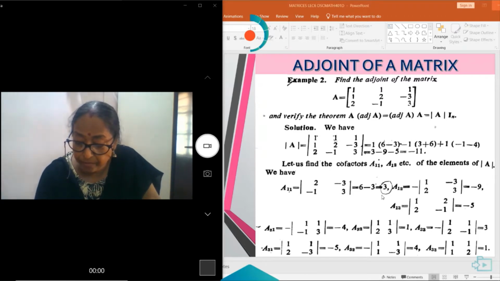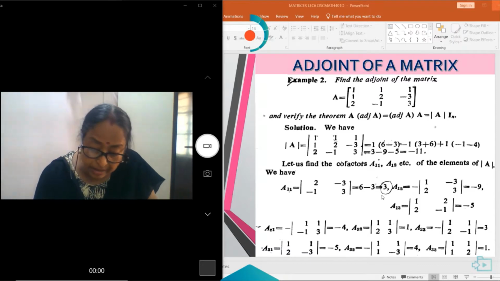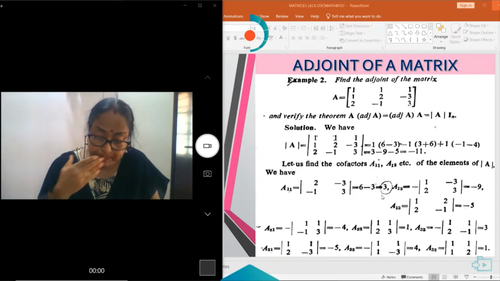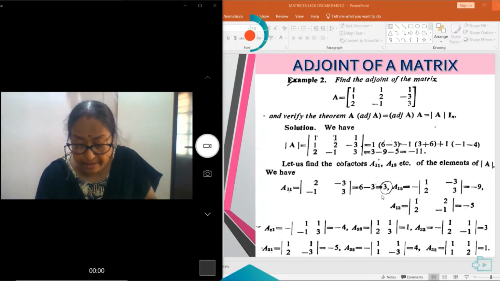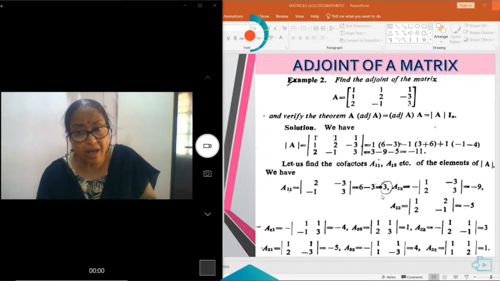Now to find the cofactor of the second element of the first row, that is a12, we should leave the first row and the second column. So we write [1, -3; 2, 3], and after calculating we get its value is -9. Similarly, you can see how the cofactors are calculated.